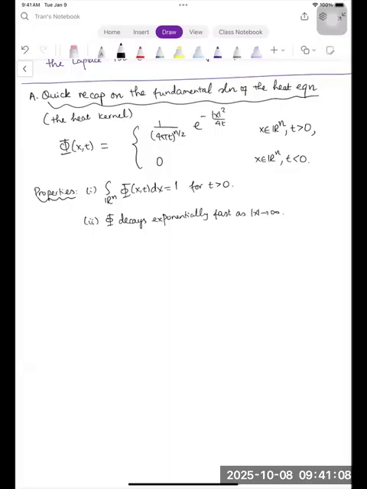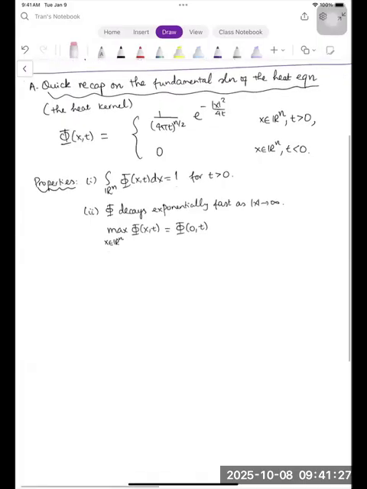And further, the maximum of phi(x, t) for x in R^n occurs when x equals 0, where the exponential is 1, which gives you the value 1 over (4 pi t) to the power n over 2. And of course, this goes to infinity as t goes to 0, polynomially, because we have 1 over t to the power n over 2 there.